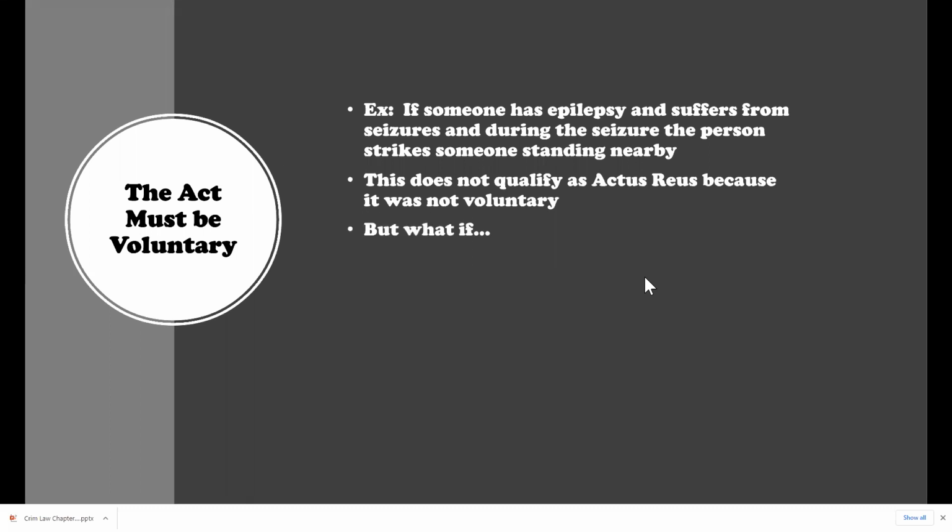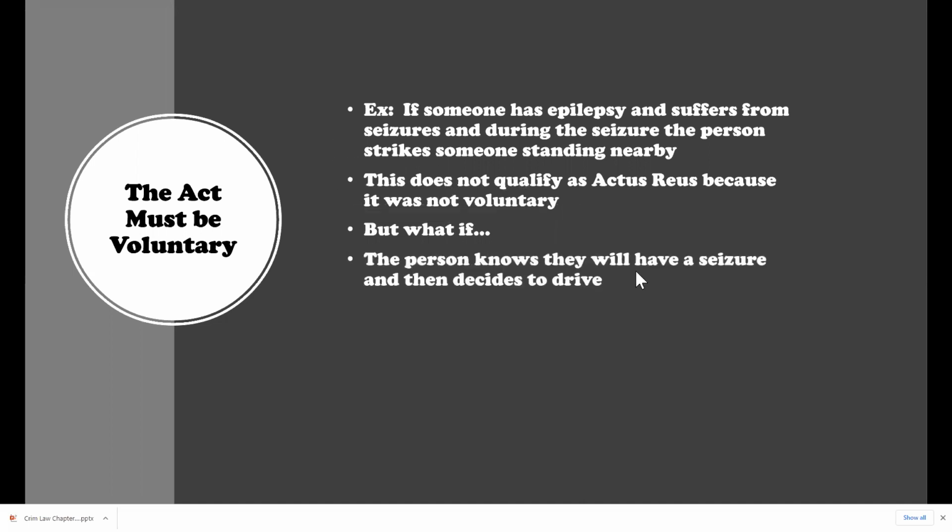But you can see where we can change facts very easily to get a different result. So if the person knows that they are subject to seizures, and then they decide to drive, that could be different because now that person, knowing that they very likely will have a seizure, but get behind the wheel anyway, that voluntary act of driving qualifies as the actus reus.